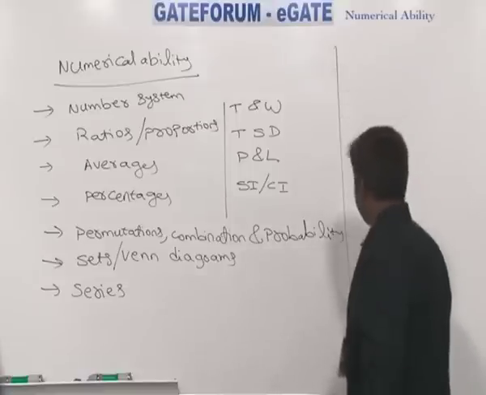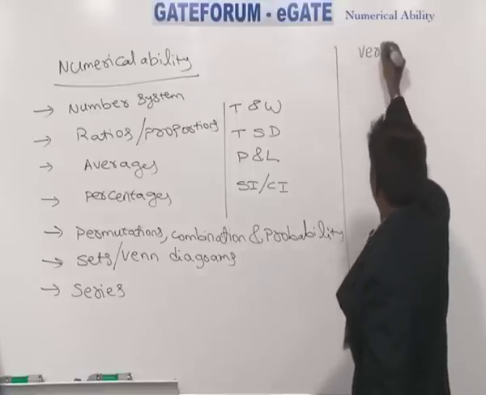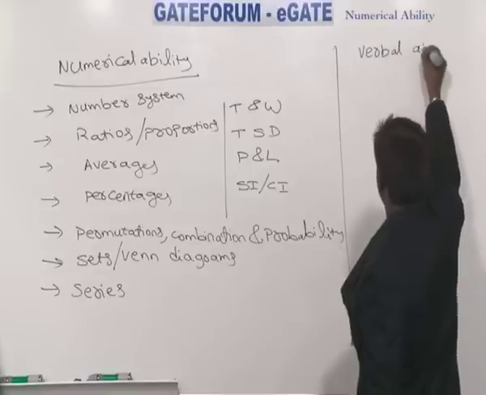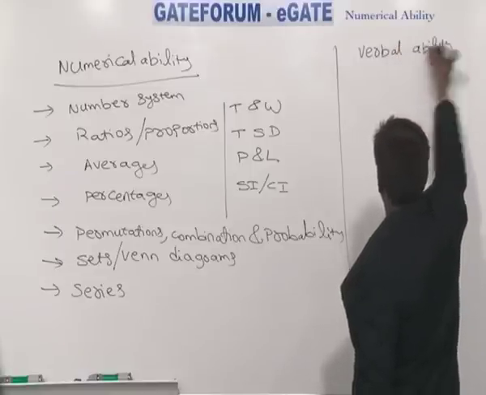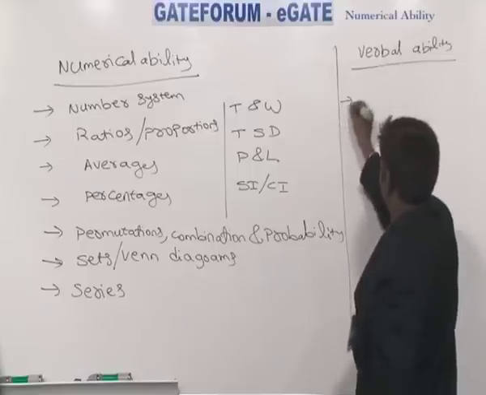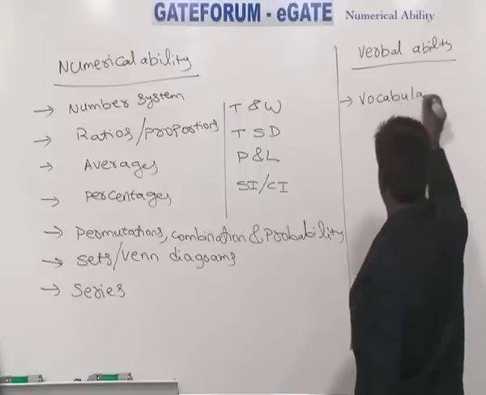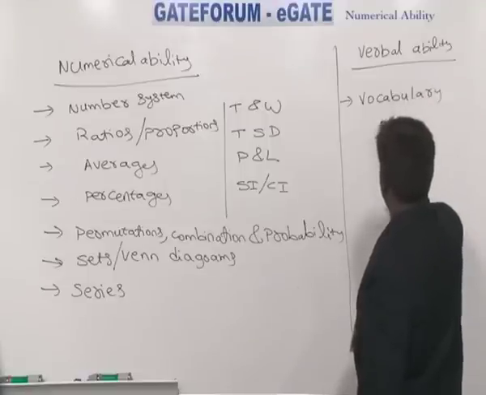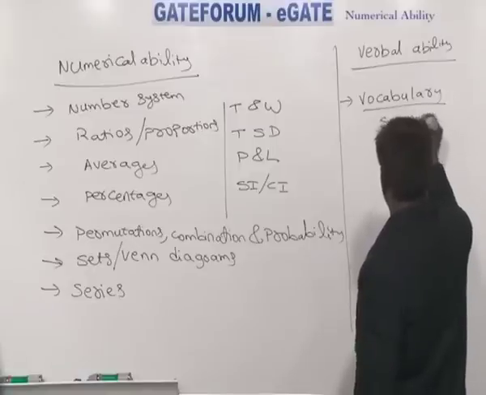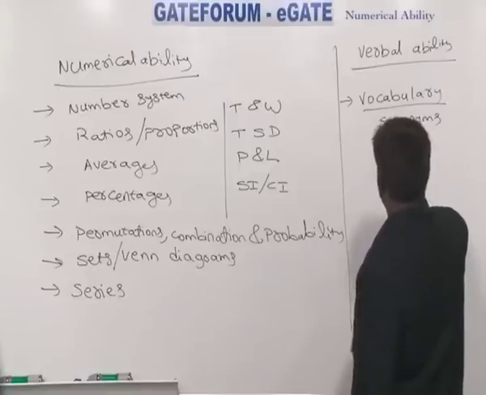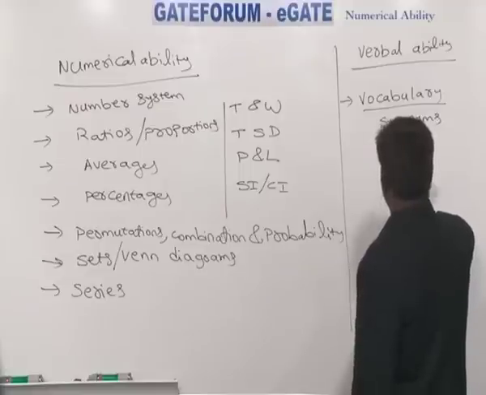Coming to verbal ability, you have vocabulary, which consists of synonyms, antonyms, analogies, sentence completion.